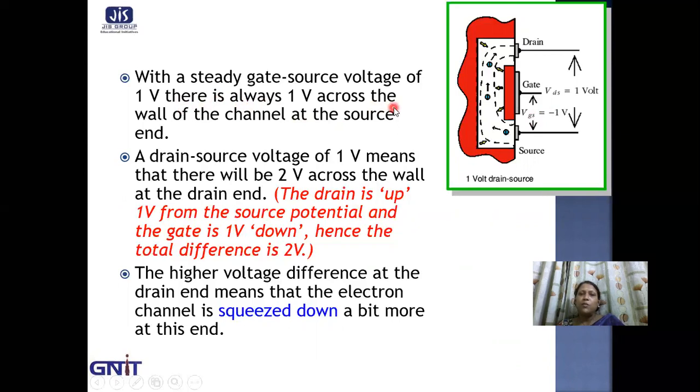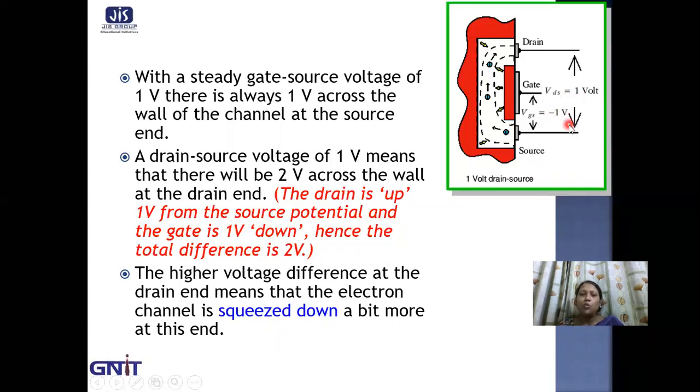So there is always 1 volt across the wall of the channel at the source end, this end. Now a drain to source voltage of 1 volt means there will be 2 volt across the drain end, because the drain is up 1 volt from the source potential and the gate is 1 volt down. So the total potential difference is obviously 1 plus 1, that is 1 minus of minus 1.